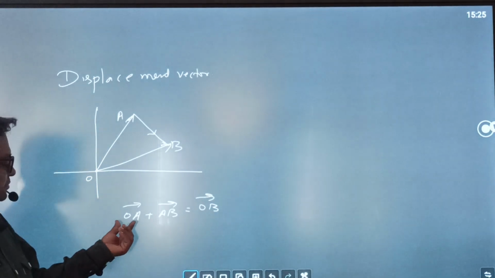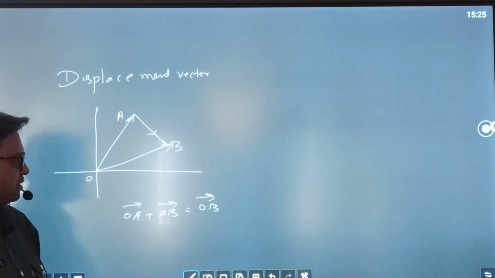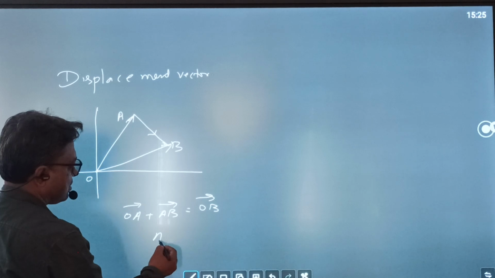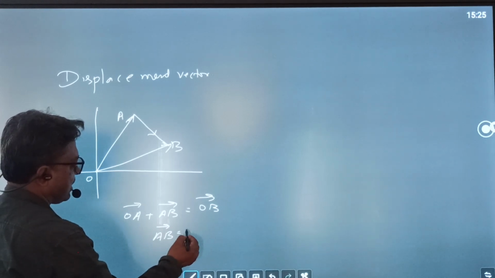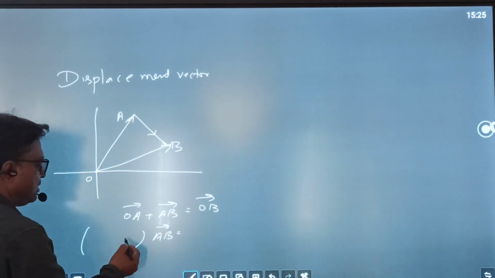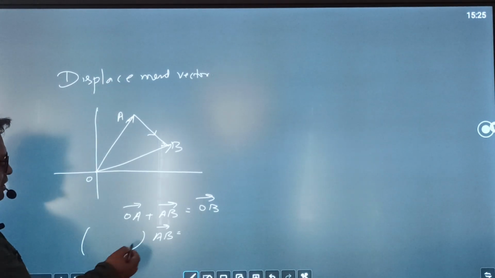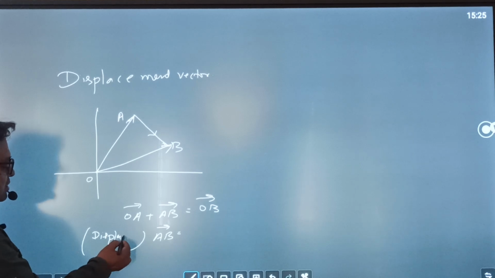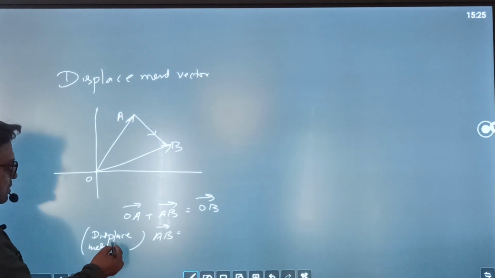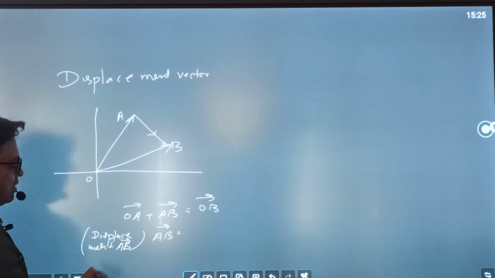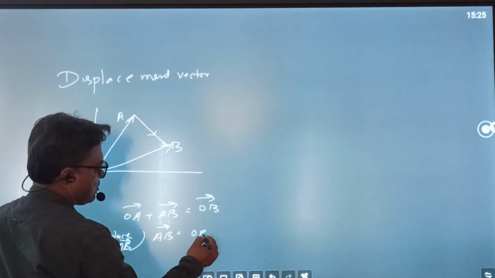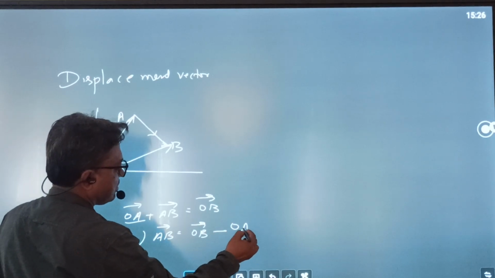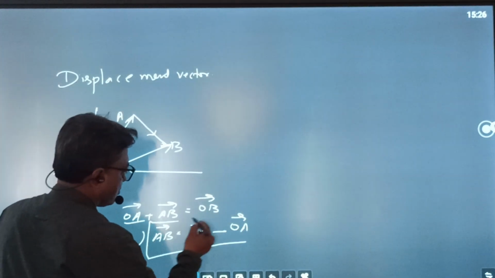So, position vector of A plus displacement vector AB gives the position vector of point B. So from here we can write vector AB, which is a displacement vector, because tail is A and head is B. So displacement vector AB is nothing but position vector of B minus, this will go to the other side, position vector of A.